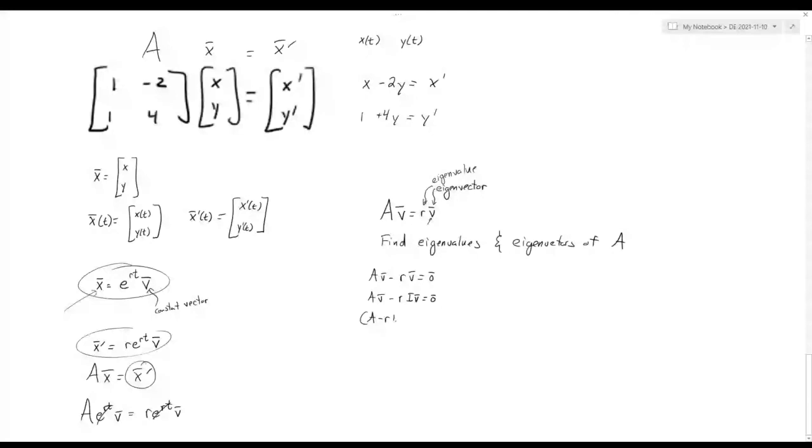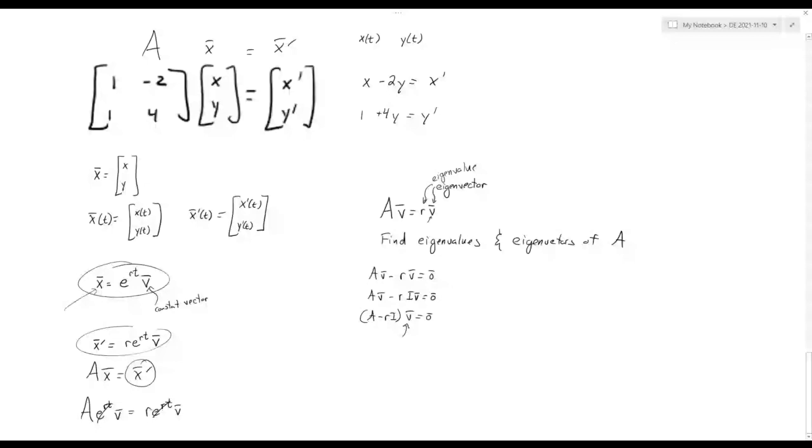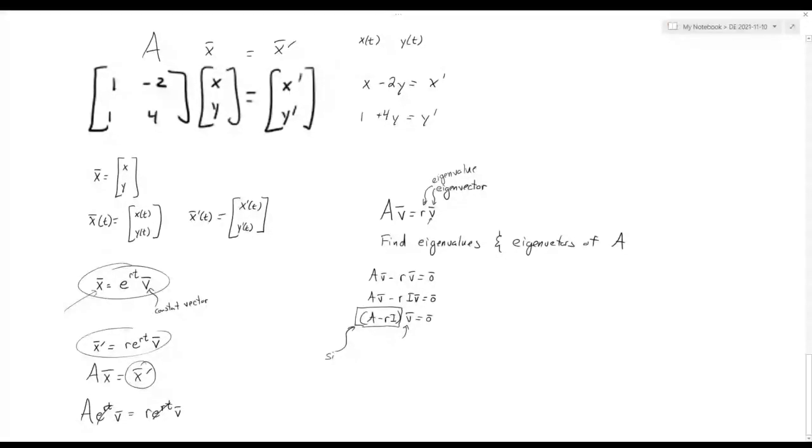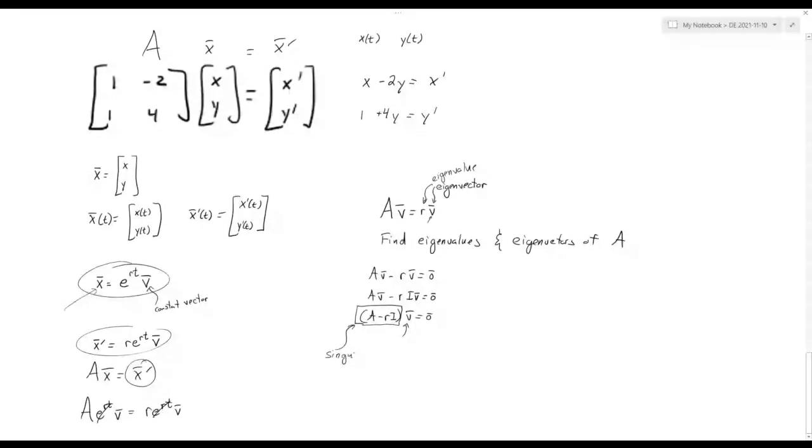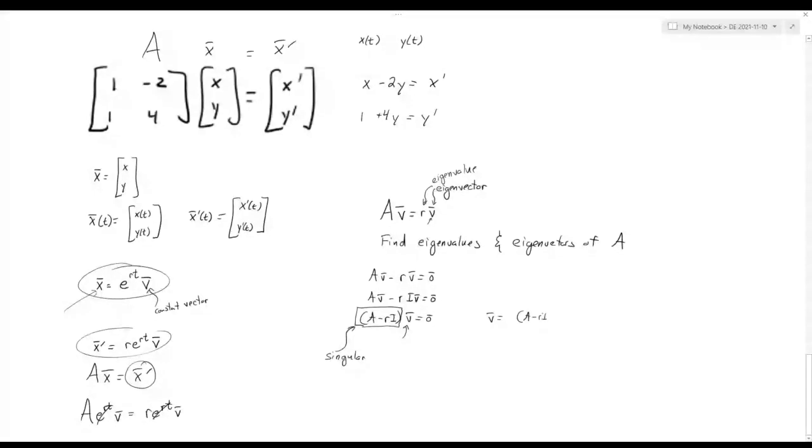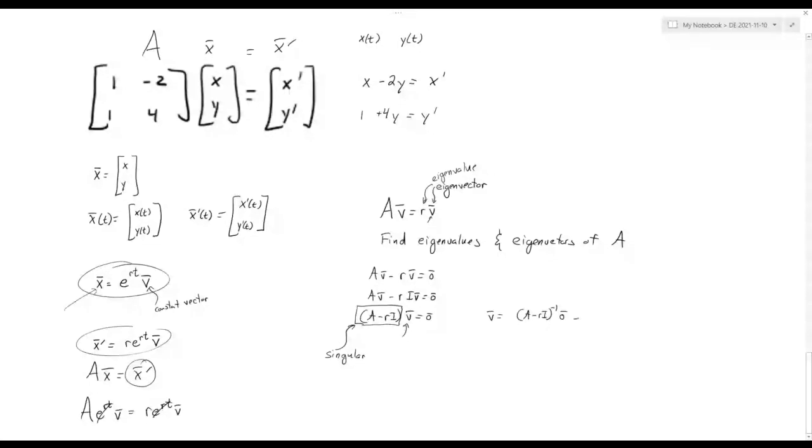We're going to assume that there's a non-zero vector there, which means that this matrix is singular. If A minus rI were invertible, then we could multiply both sides by the inverse, and we see that the only solution for v is the zero vector.